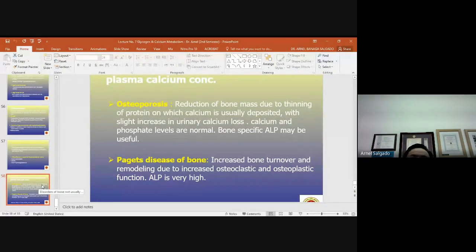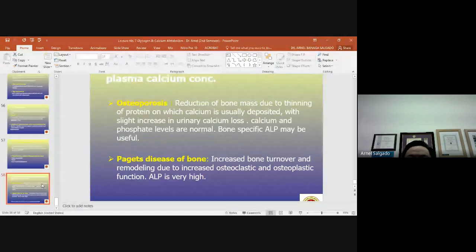There is another condition, osteoporosis, when we lack calcium in the bones. And also there is Paget's disease of the bones, when there is increased bone turnover and remodeling due to increased osteoclastic and osteoblastic function.